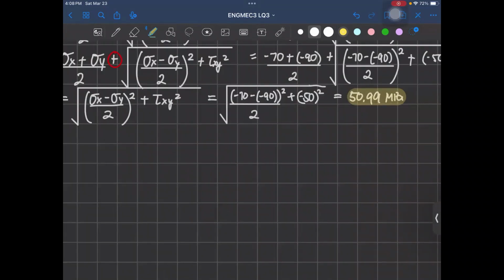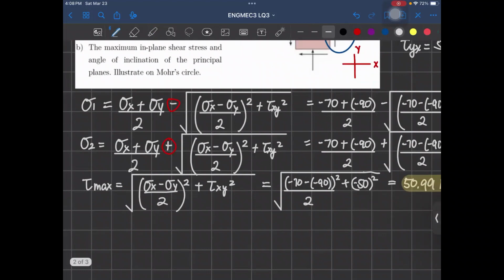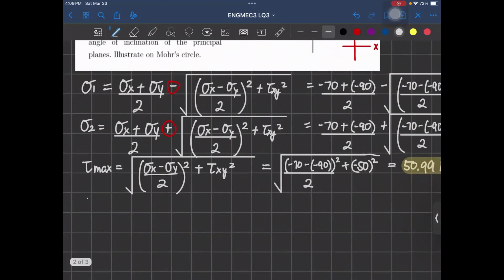Since we want the angle of inclination of the principal planes, as stated in the problem, what we will use is this equation. Tangent 2 theta p is equal to tau xy over sigma x minus sigma y over 2.